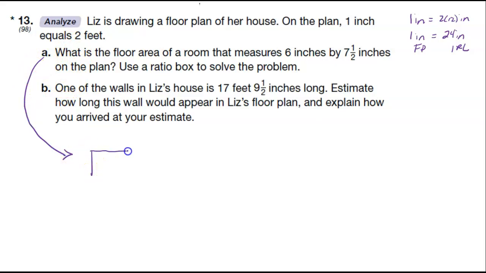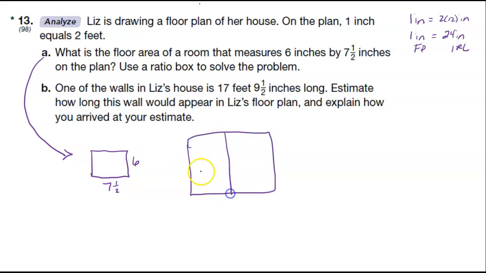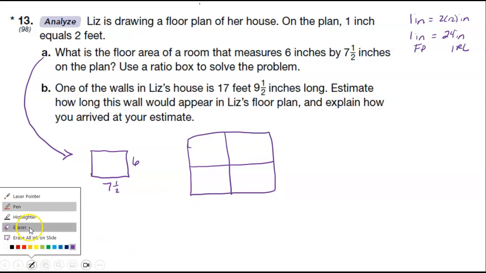So if I have 6 by 7.5 inches, this is on the, oh, it says use a ratio box. Okay, that's great. Not really sure what we are going to use the ratio box for? Let me show you how I'm going to do this.